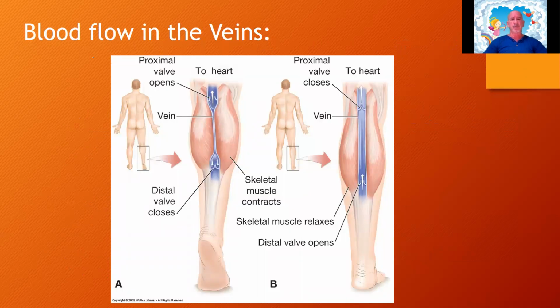Here's a good example. You probably know this, but I'll go over it anyway. The heart pumps the blood through the arteries so that the blood gets to the body. But the veins returning to the heart don't have a pump behind them. It's actually the musculature of our body that returns the venous blood back to our heart.